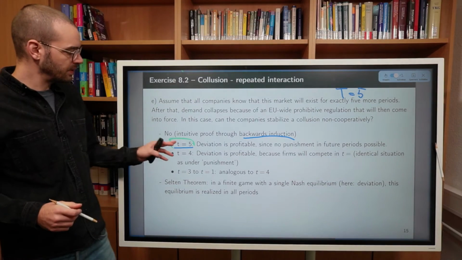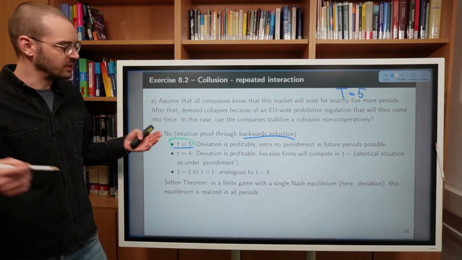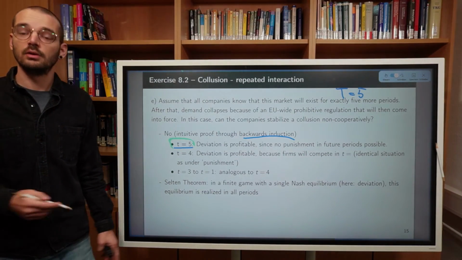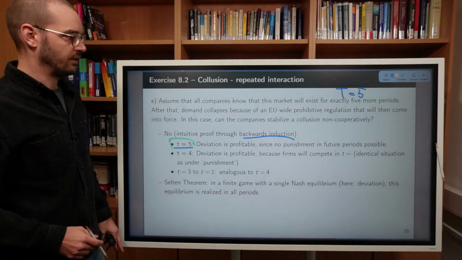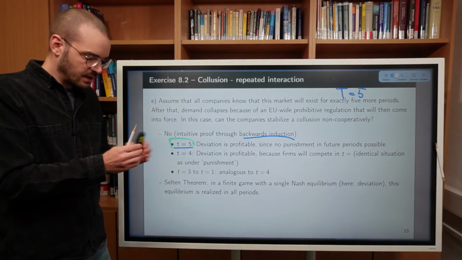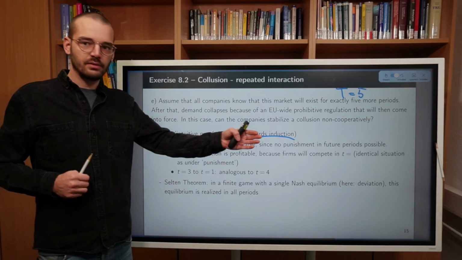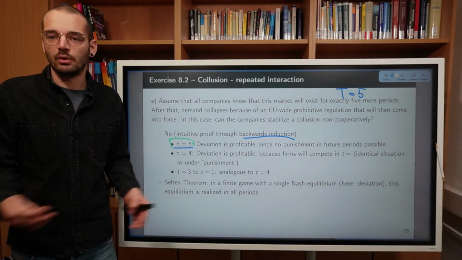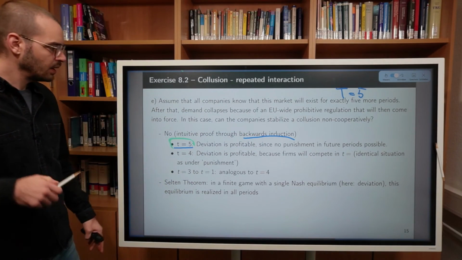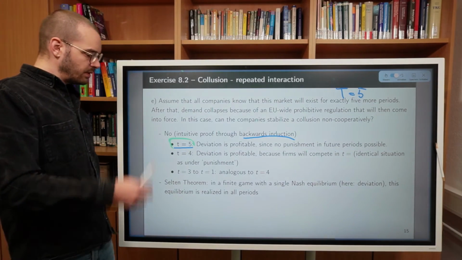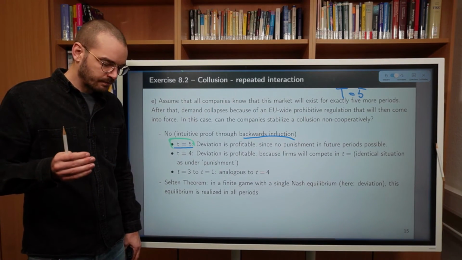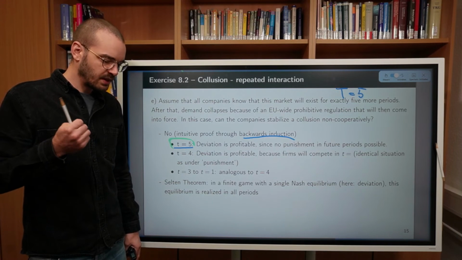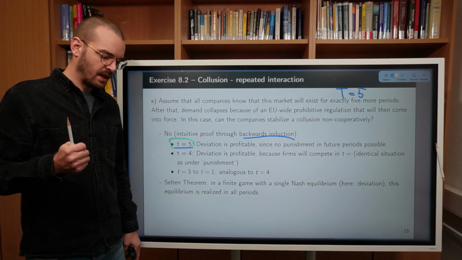All right, so in period 5, we know deviation is profitable, we know collusion cannot be stabilized, right? Because this whole effect of loss in future profits does not kick in. There are no future profits anyway.